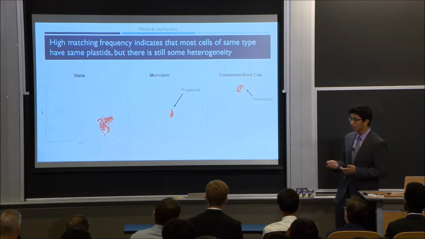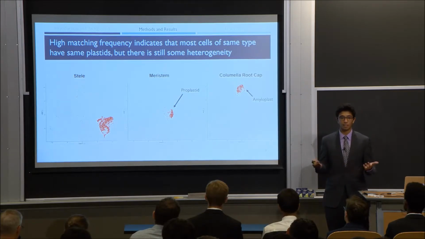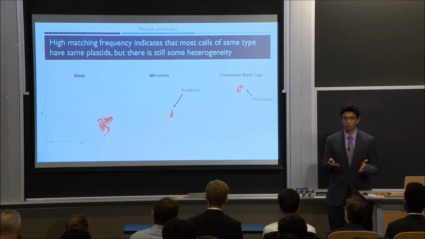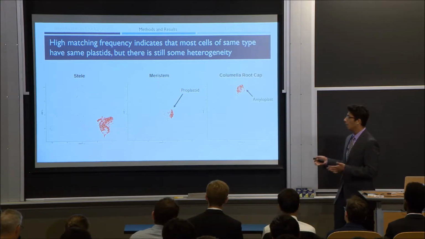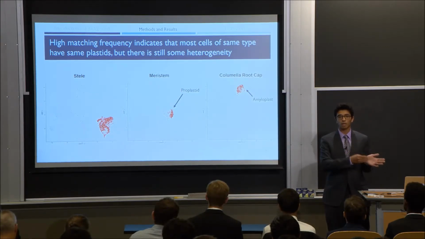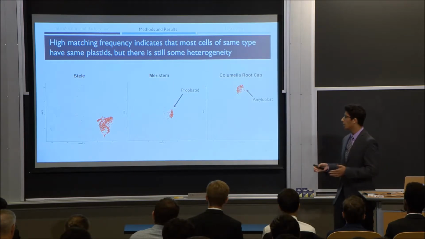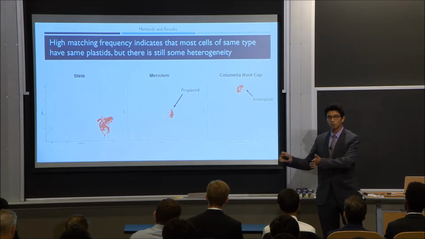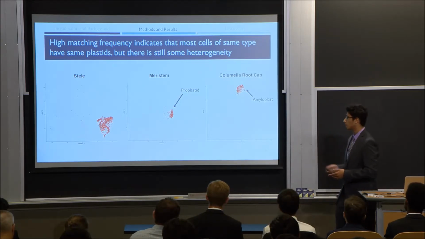And actually, by identifying these, we also are able to define plastid state, because if a cell has a high expression of proplastid marker genes, then it's probably earlier along that plastid differentiation pathway. But if it has a higher expression of amyloplast genes, then it's probably towards the end of the pathway, because these are more mature plastid types.